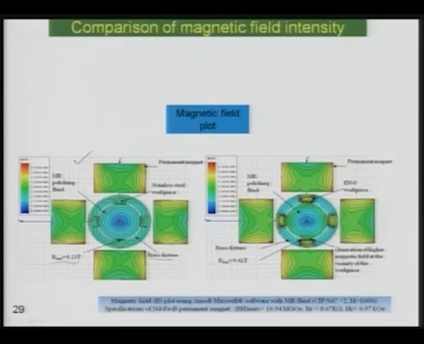Now you can see the magnetic field is more or less uniformly distributed, but if you come to the right hand side, the magnetic flux, this 0.42 Tesla flux density, an important thing to note here is that there is a large field intensity near the workpiece, because these workpieces are magnetic materials.